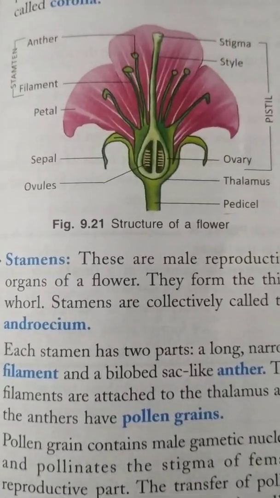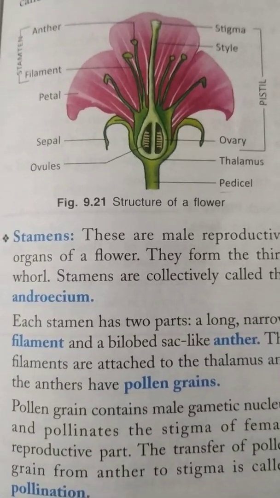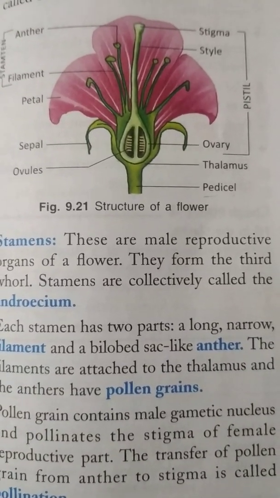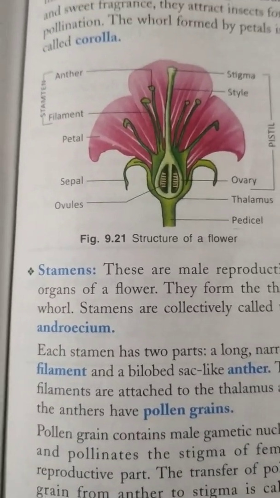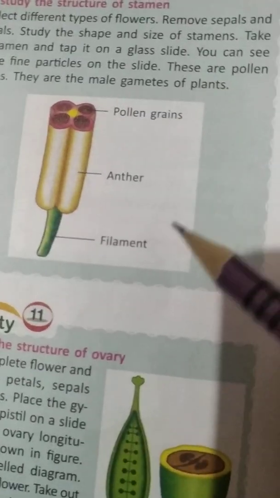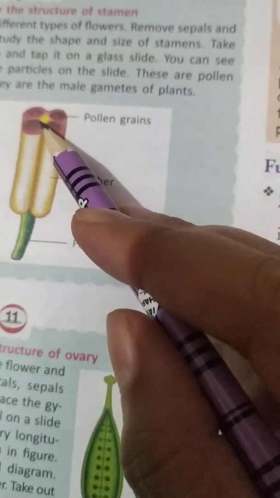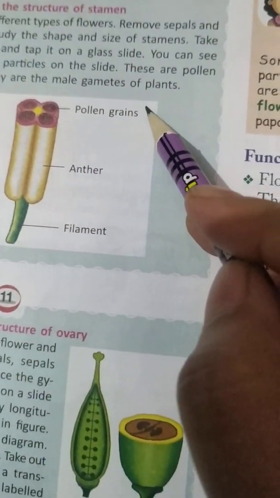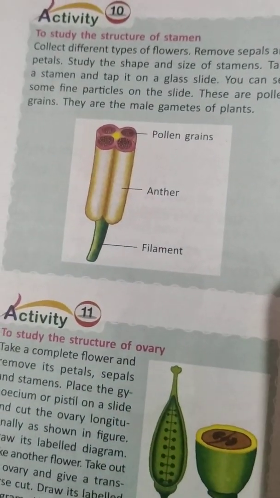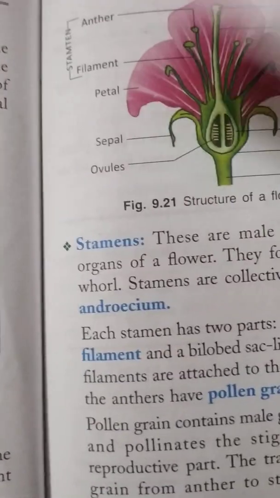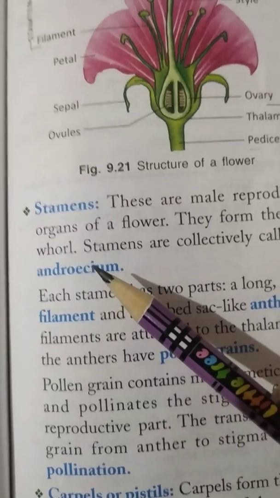Now the next is stamen. Stamen is also called the male reproductive organ of a flower. So stamen usually has two main parts, that is filament and anther. And the anther has the pollen grains. These pollen grains are called the male gametes. They form the third whorl.